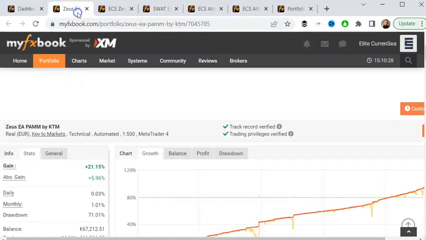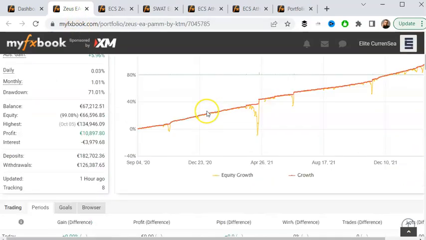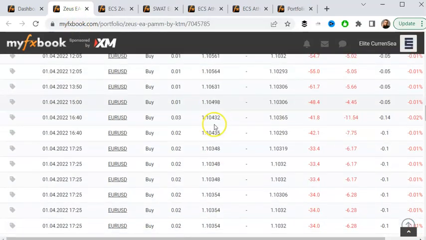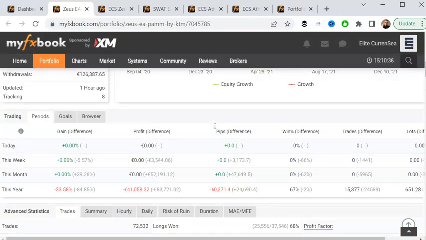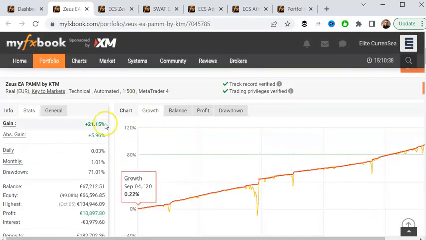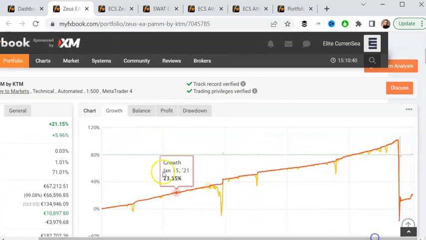So unfortunately, the Zeus PAM lost, I think, 40%, and it's basically profit that was lost.